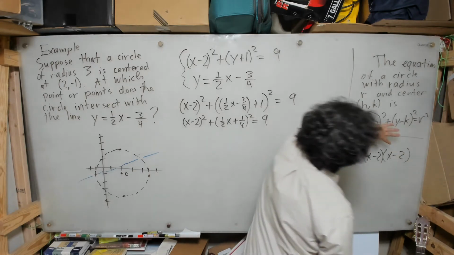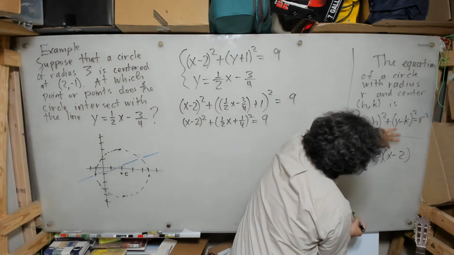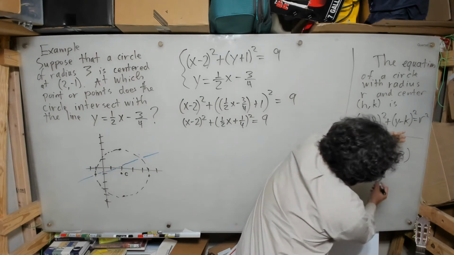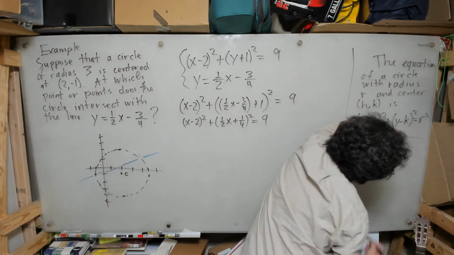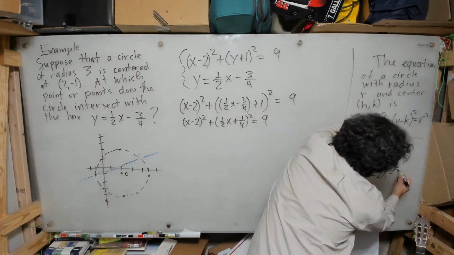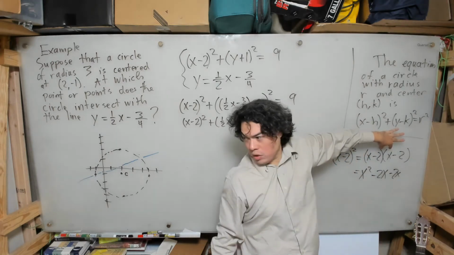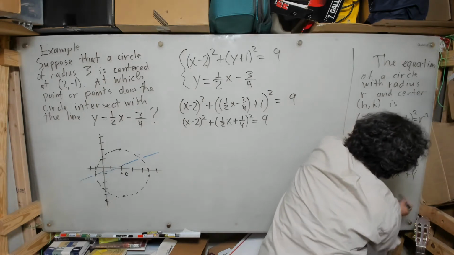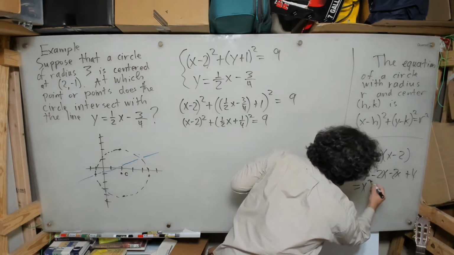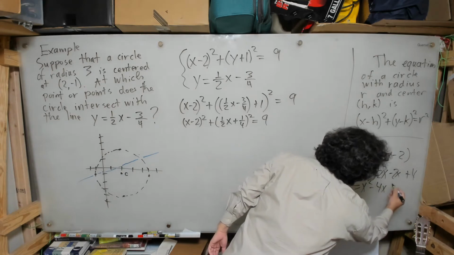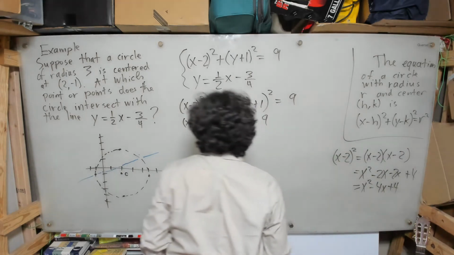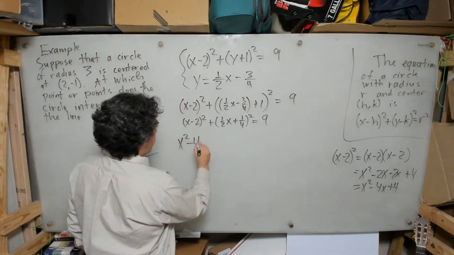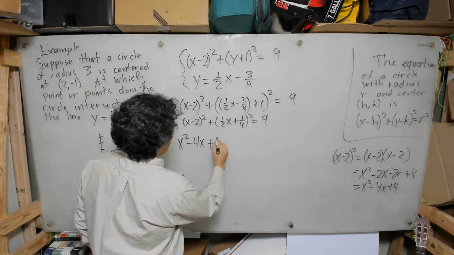It's going to be x times x, which is x squared, x times negative 2, which is minus 2x, then minus 2 times x, which is minus 2x, and then negative 2 times negative 2, which becomes plus 4. You can see that this simplifies to x squared minus 4x plus 4. So this first term expands into x squared minus 4x plus 4.